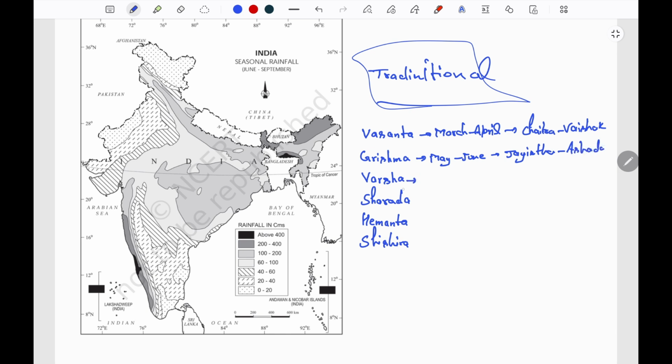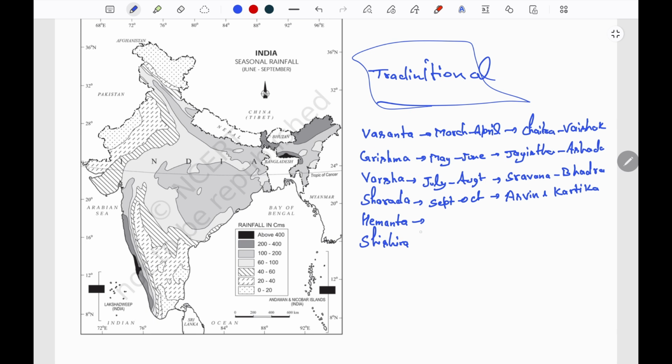Varsha is July August, which is Shravan and Bhadrapad. Sharad is September and October, which is Ashwin and Kartik.